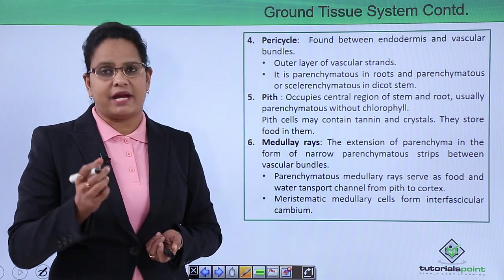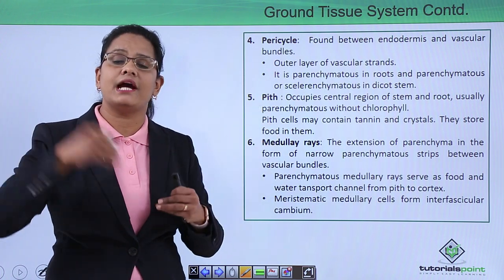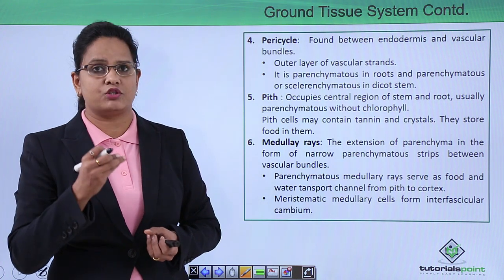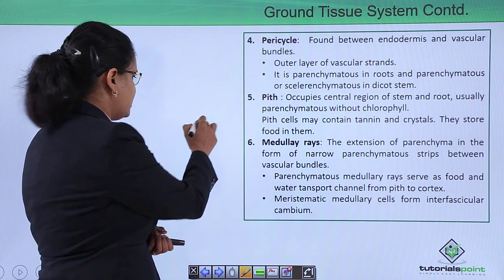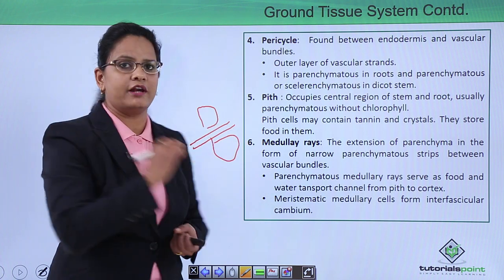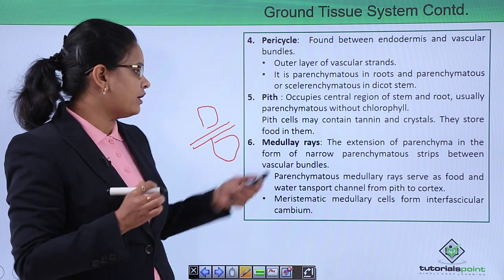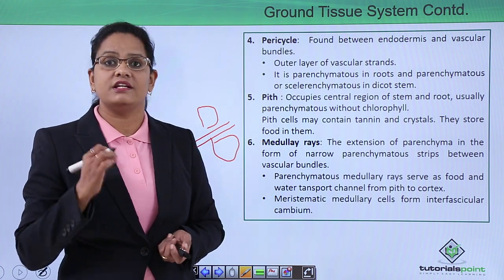So storage also becomes the function of pith cells, right? So next is medullary rays. Now medullary rays are like parenchymatous strips in between the vascular bundles. So if this is a vascular bundle in circle, then here is where you will find parenchymatous strips of medullary rays. Now what are these strips doing?